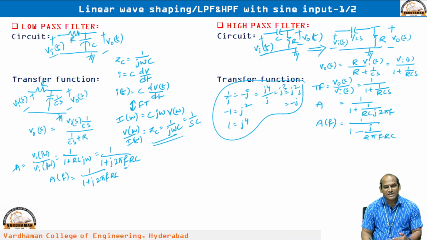Rejects low frequencies, what is the criteria for that? What frequencies can be considered as the low frequencies in case of the high pass filter, or what frequencies can be considered as the high frequencies to be allowed by the high pass filter? In case of the low pass filter also it is the same thing: what frequencies are to be considered as low frequencies to pass through the low pass filter, and what is the limitation for that?